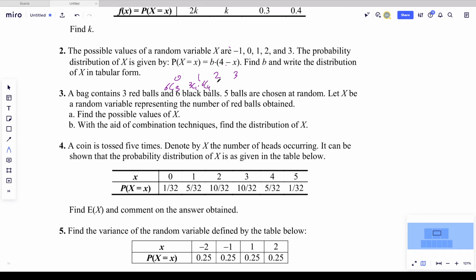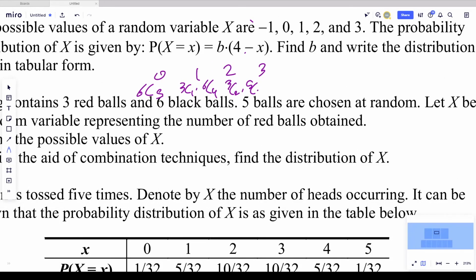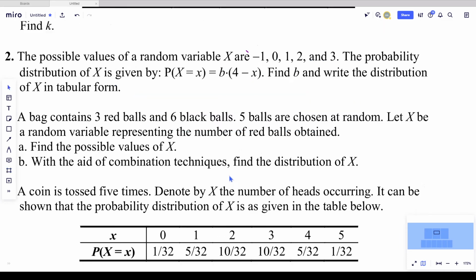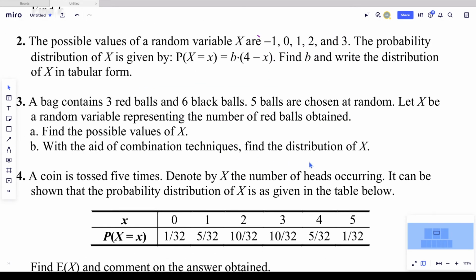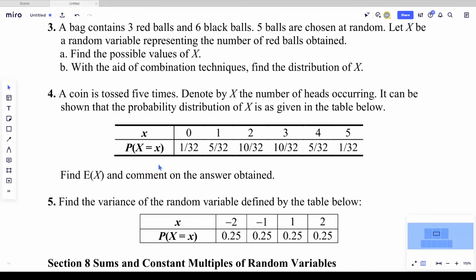And then the next one, 2, is 2 red balls, so 3C2 times 5C2. No, we want 5, right? So 3. And then 3, same thing, so 3C3 times 5C2, and so on. And that'll be basically your table. Combination techniques found. So we found the possible values, and we found the distribution here.